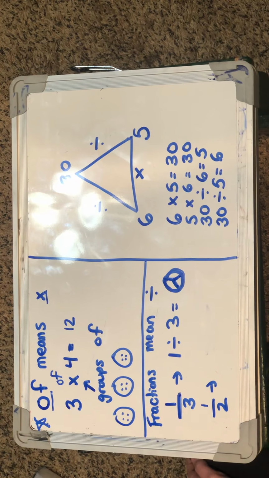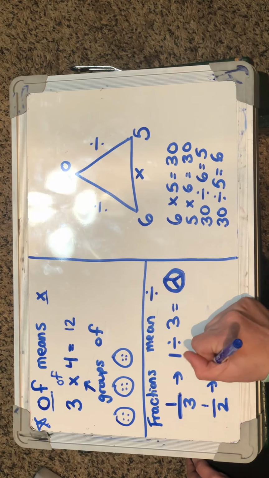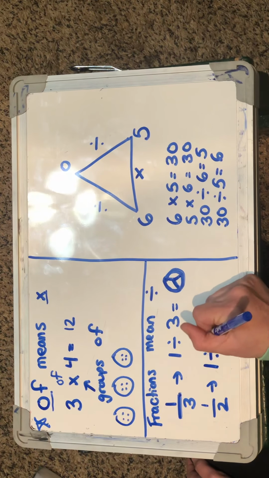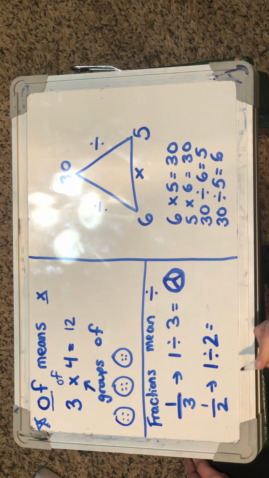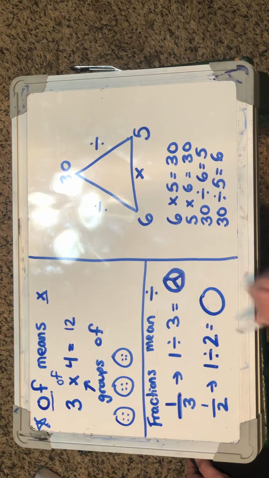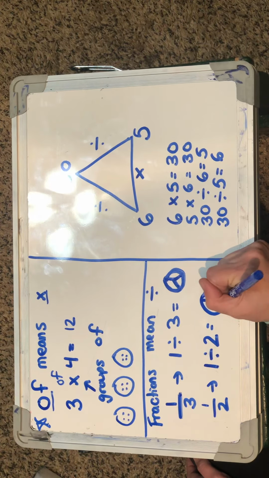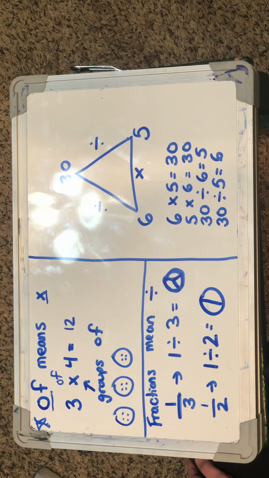So 1/2, we could say, is 1 divided by 2. That means we have 1 whole, and we're dividing it into 2 pieces. Okay, I hope that makes sense. The last thing I kind of want to review before I get into your new math topic is our multiplication and division fact families.